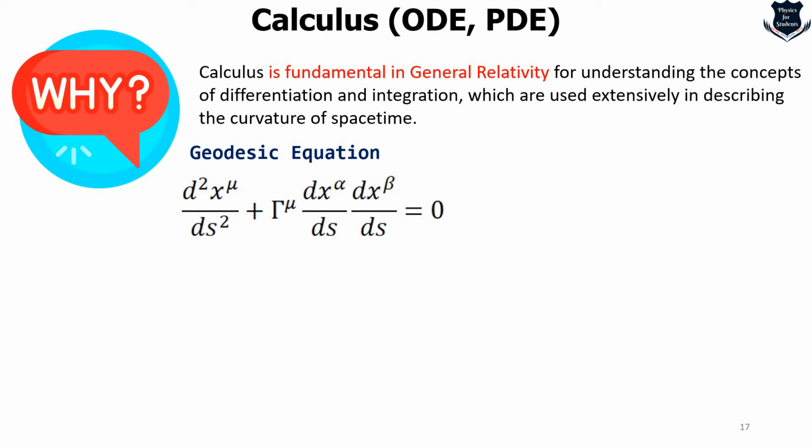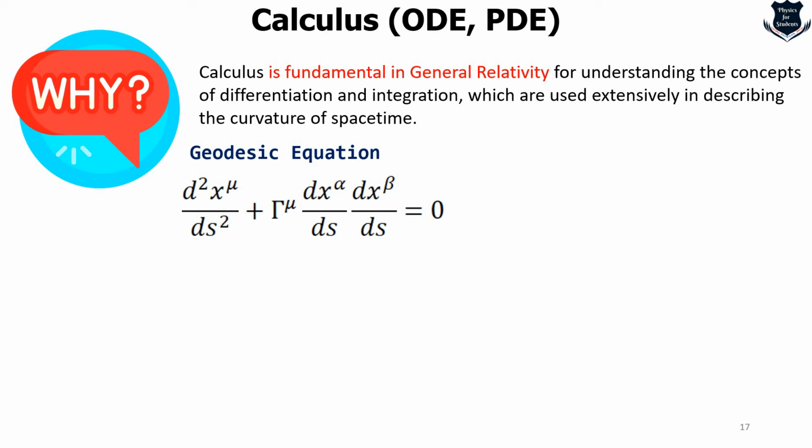The first thing is what is called the geodesic equation. Don't worry, I'm not going to explain each and every part, but the geodesic equation, as you can see right on the screen, is a second order differential equation, and calculus provides the foundation for understanding these equations. It equips you with concepts of differentiation and integration, and these are essential for manipulating and analyzing this equation.